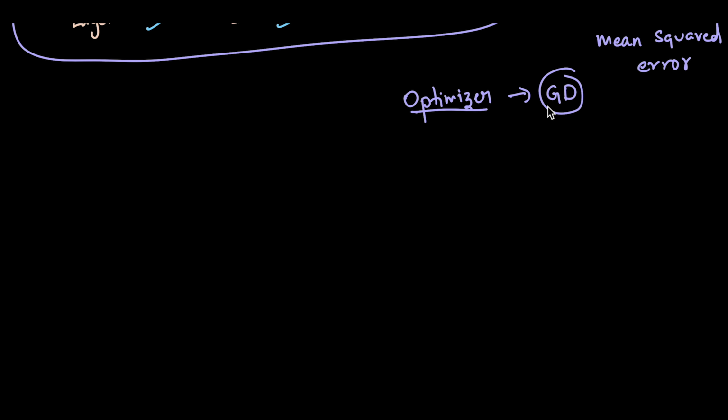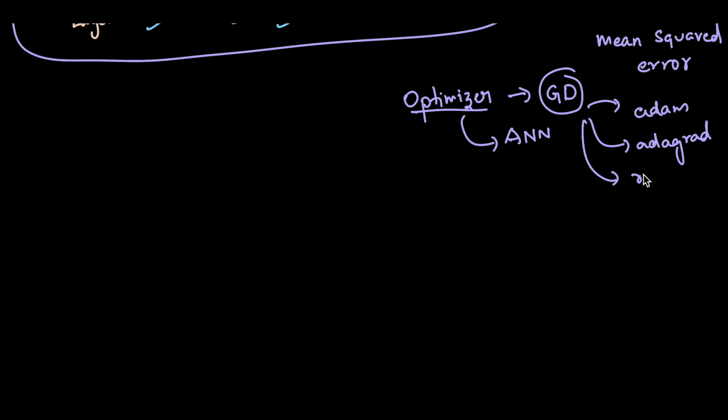The reasons we might be discussing in the next video. For this video, just understand that GD will not work well in case of ANN. Instead of GD, we'll be using something like Adam, Adagrad, RMS prop. Like that, there are several other advanced optimizers. These we'll be using instead of this normal GD.